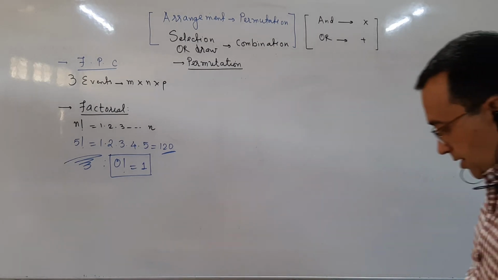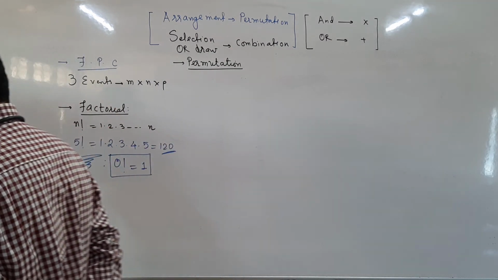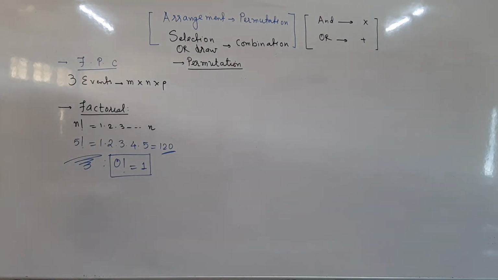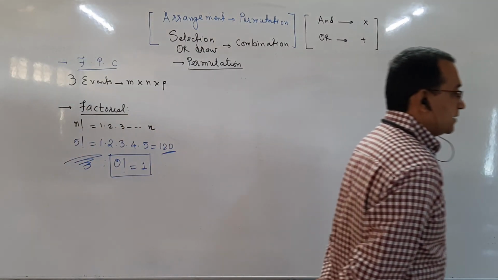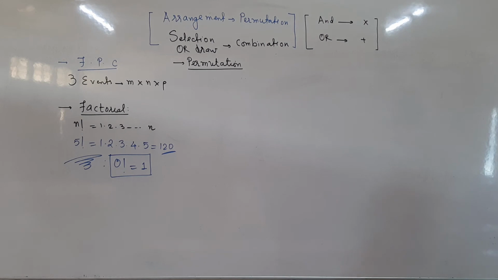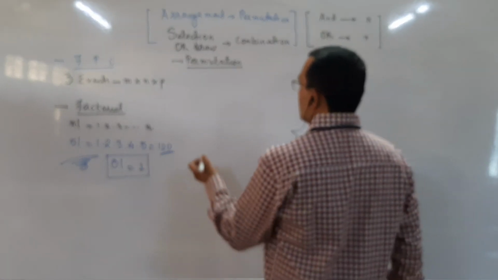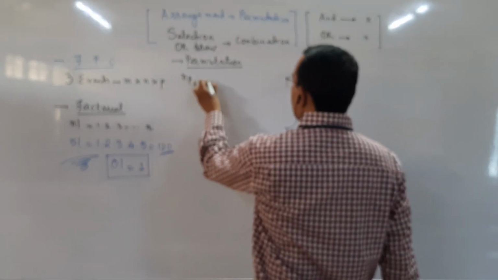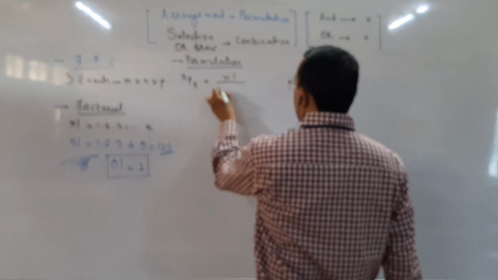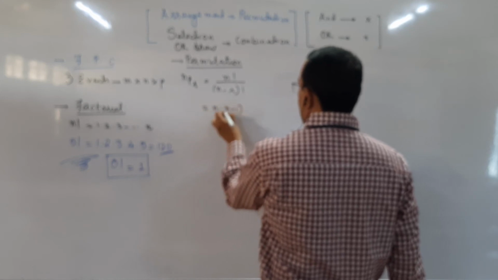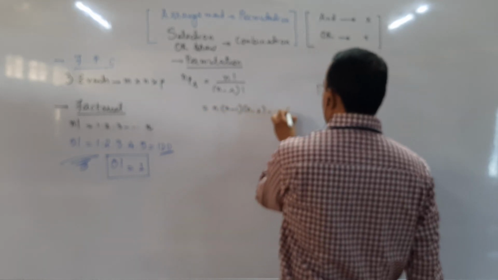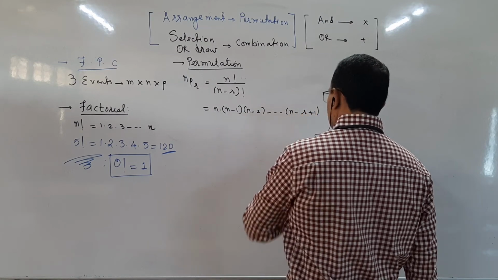I repeat, the total ordered arrangements of r things out of given n things are called permutations of r things, which is denoted by nPr, and the formula is n factorial upon n minus r factorial, and second formula is n into n minus 1 into n minus 2 up to n minus r plus 1.